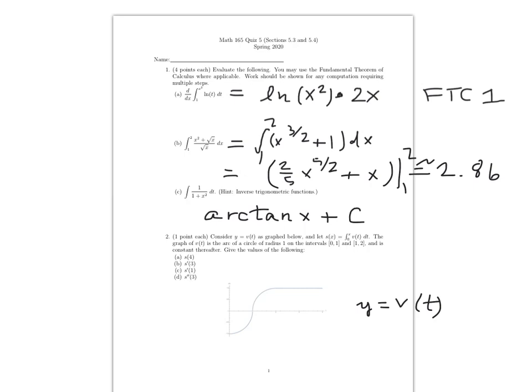So s of x is the area you accumulate under y equals v of t from t equals 0 out to t equals x. So for s of 4, I want this accumulated signed area under y equals v of t from t equals 0 to t equals 4.